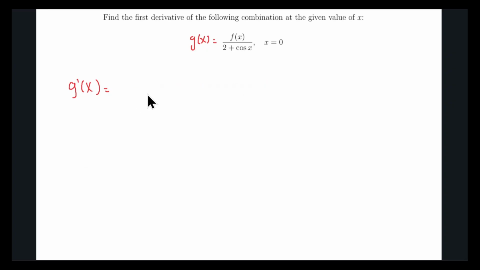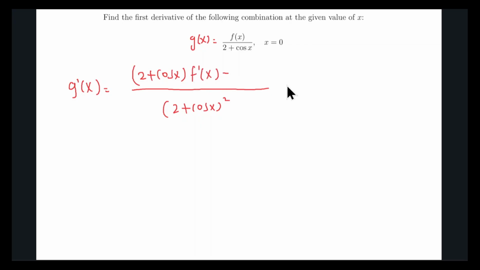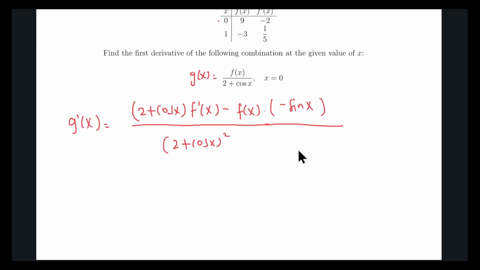So I'll do low squared, (2 plus cosine x) squared, low d high: derivative of f is f prime x, minus high, which is f(x), times the derivative of low. The derivative of 2 is 0 and of cos is minus sine, so minus sine x.